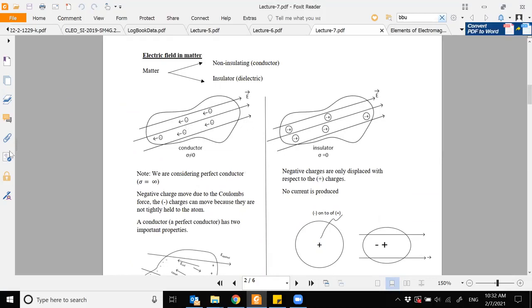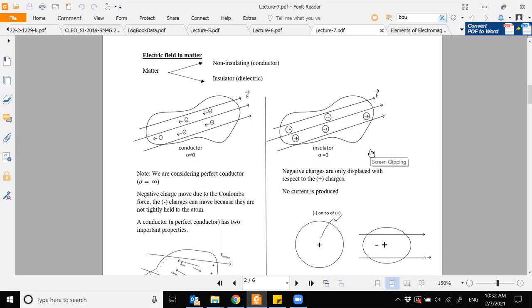In a conductor, we know it very well, we have a large number of free electrons in the conduction band. This is the property of the conductor. Whereas in an insulator, we don't have a large number of free electrons in the conduction band.